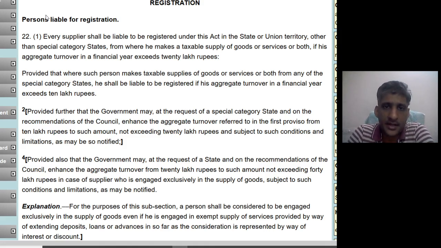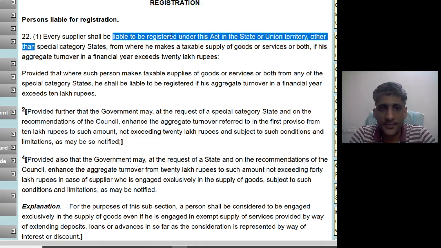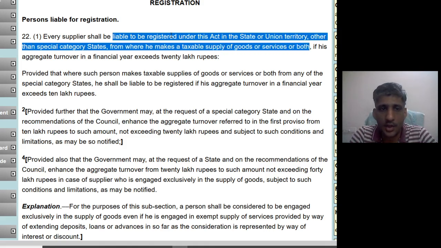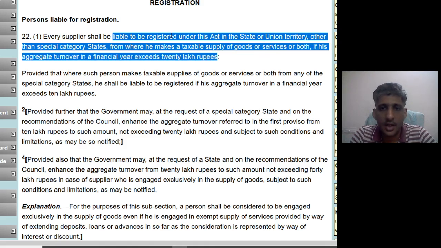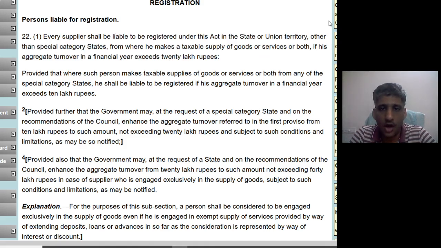Every supplier shall be liable to register under this Act in the state or union territory, other than special category states, from where he makes the taxable supply of goods or services or both, if his aggregate turnover in a financial year exceeds 20 lakhs. So this 20 lakh limit applies to all states except special category states.